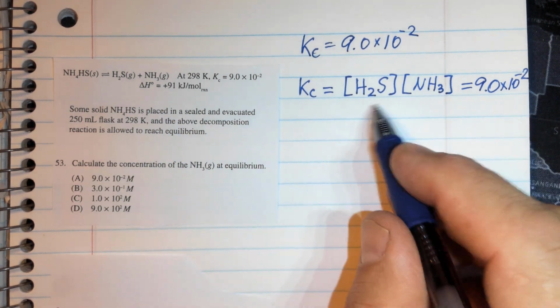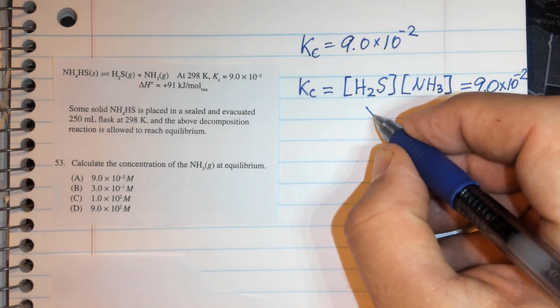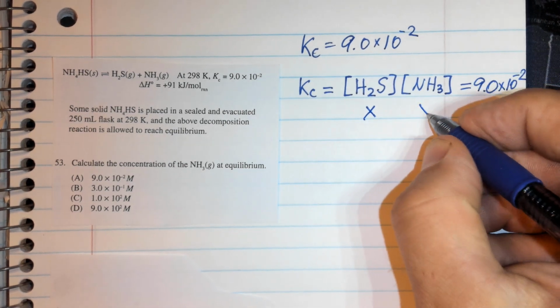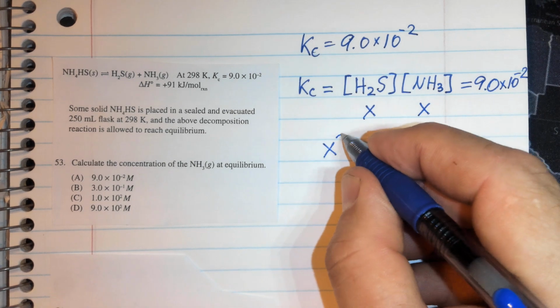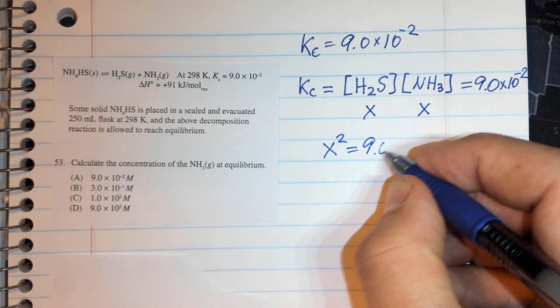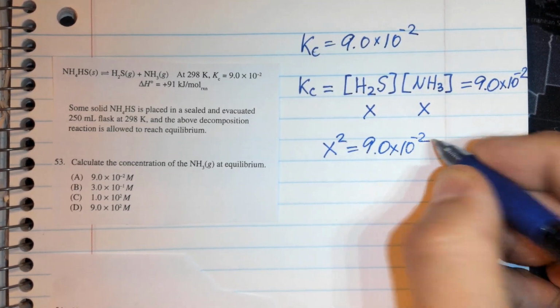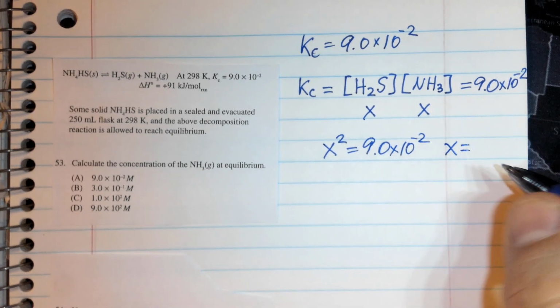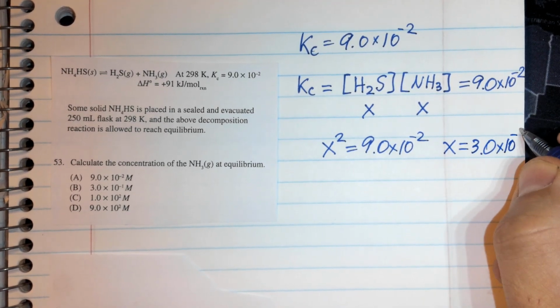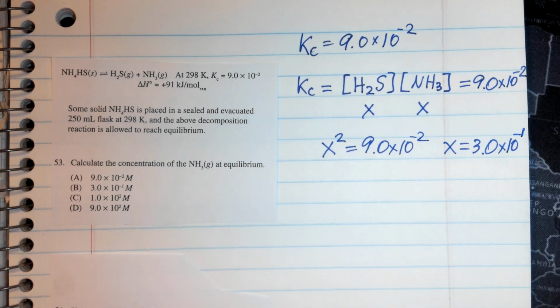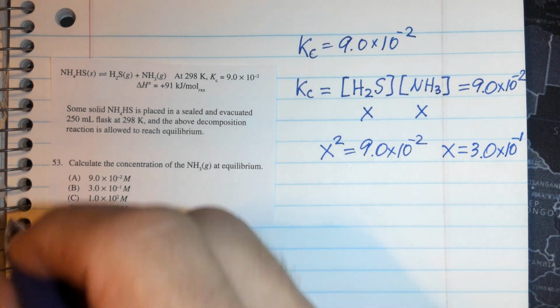So we can simply replace both of these with one letter. Let's say we replace it with x. So now we have x times x, which is x squared, equals 9.0 times 10 to negative 2. So x equals, take a square root, 3.0 times 10 to negative 1. The answer is B.